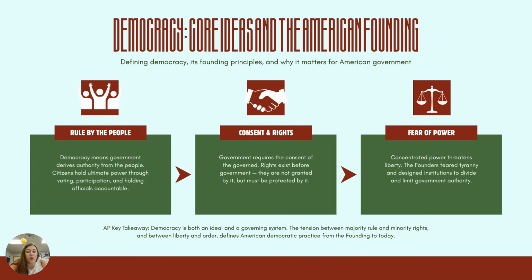And so they created institutional systems in our government to try and prevent that, right? This is going to be things like separation of powers, checks and balances, federalism to some degree as well. And so this democracy was going to be very intentionally designed to support those things.